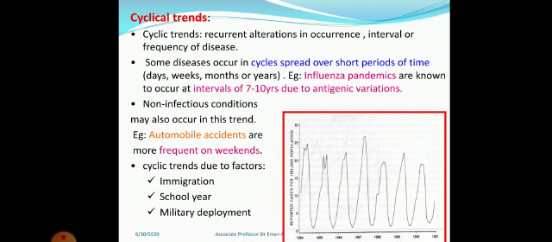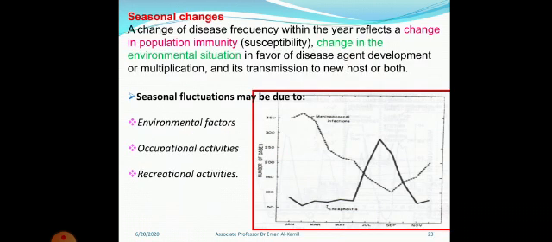So at the weekend, they have a high number of car accidents. Cyclical trends can also be due to migration, school years, or military development. Some occurrence of disease may be at the beginning of the school year, or among those who attend the military health services.